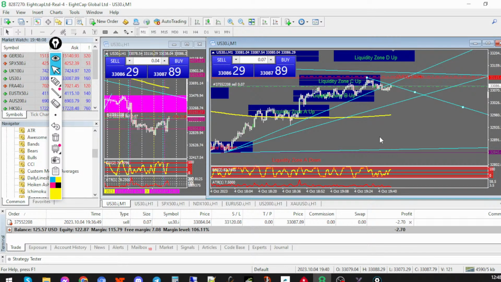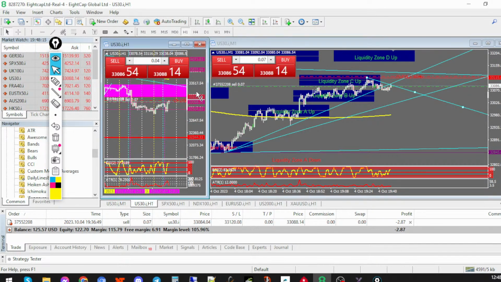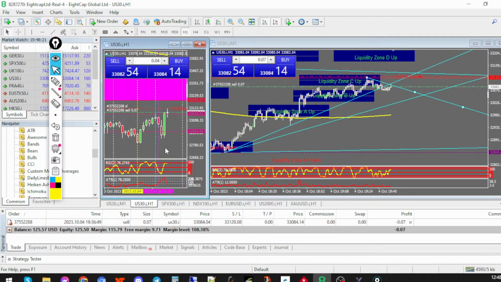Okay, I want this 1 hour bar, let's make it a little bigger. I want this 1 hour bar to close as a red bar. If it closes as a red bar, that's going to give me a little bit of conviction that the price may want to continue going down.